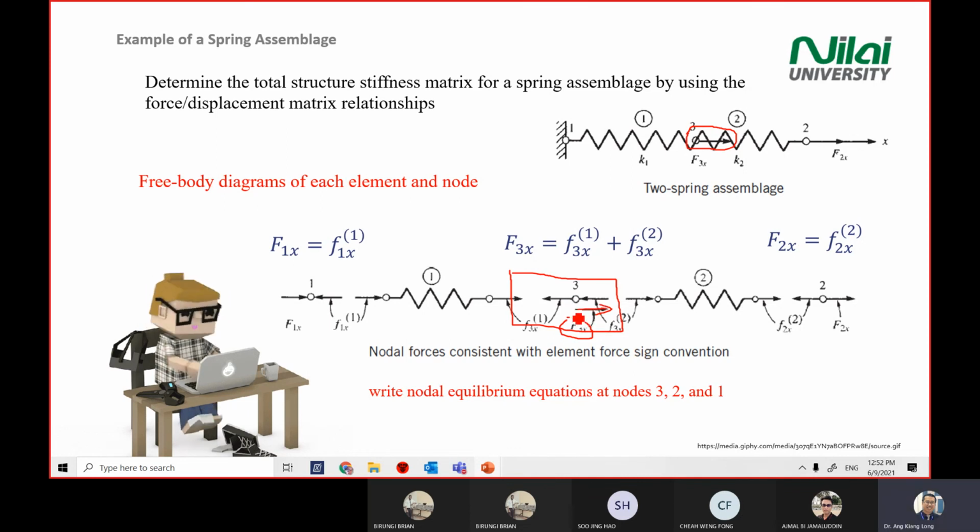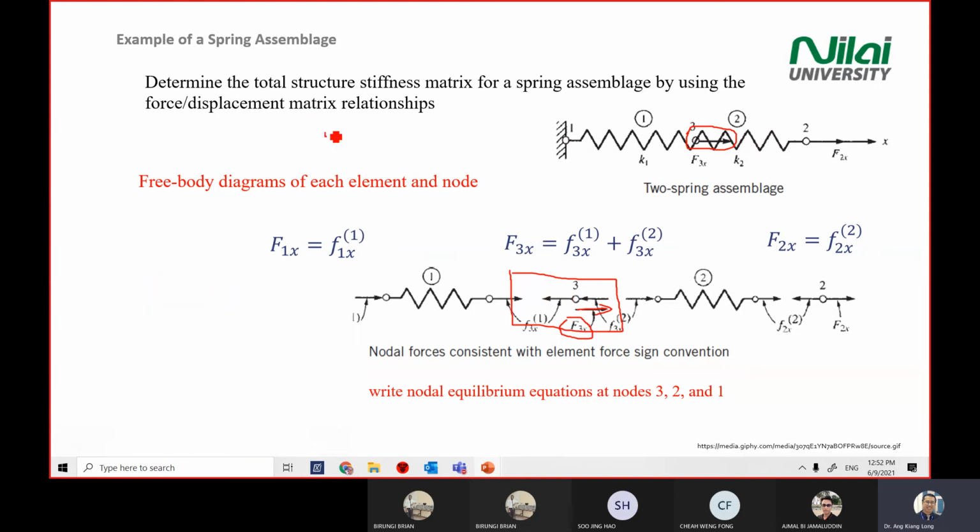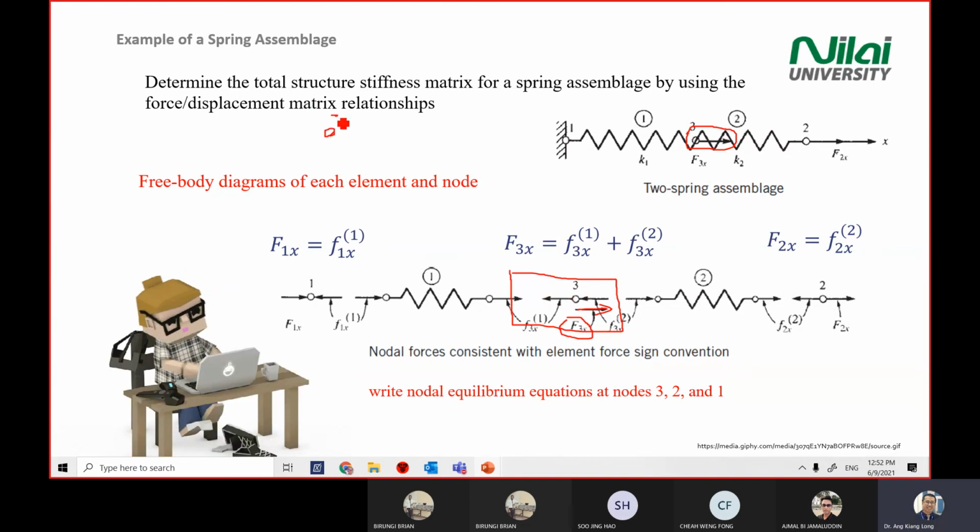So to balance these 3 arrows, you just write the equation. Let me draw point 3 here. At point 3, you have 3 arrows: capital F and small f arrows.